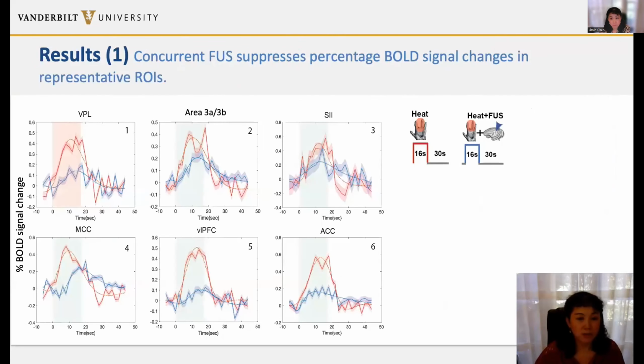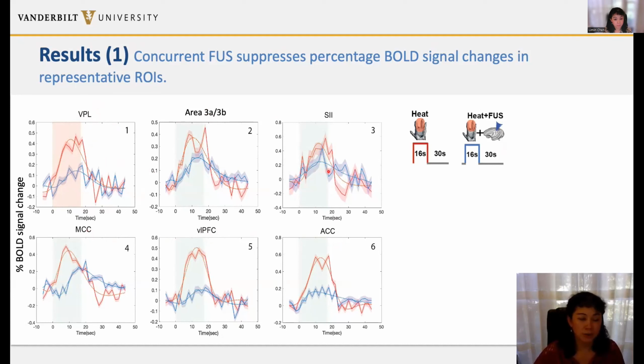We next quantified the extent of the suppression using ROI-based time course analysis. Here you can see at the target VPL, the heat response is about 0.5%. When the FUS was delivered, the heat response was significantly suppressed. The other 3 areas are interconnected PEN regions to the thalamus.